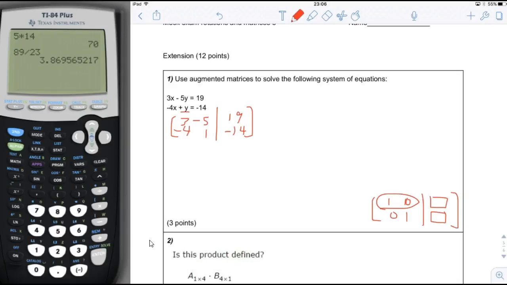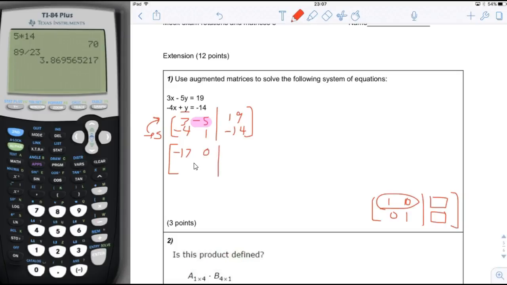Now I'm going to start trying to eliminate things. First thing I'm going to try to eliminate is this negative 5 here. The negative 5 should be 0. Let's get rid of it by multiplying the bottom row by positive 5 and adding it to the top row. Positive 5 times negative 4 is negative 20. Add it to 3, we get negative 17. Positive 5 times 1 is positive 5. Add it to negative 5, you get 0.